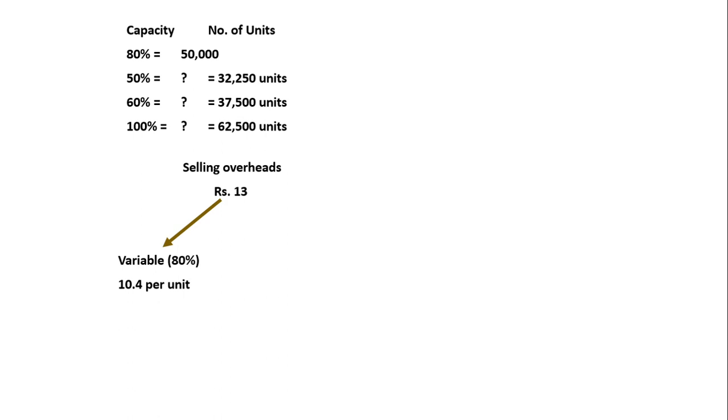And what is the treatment for variable expenditure? As good as raw material and wages, multiply by number of units. It is easy. And fixed expenditure is 20%. So 20% of 13 rupees comes 2.6 multiplied by 50,000.